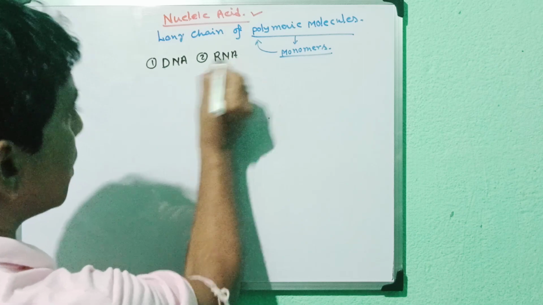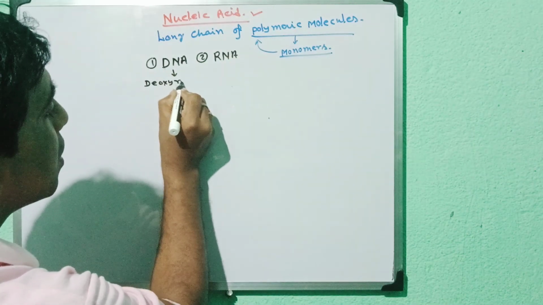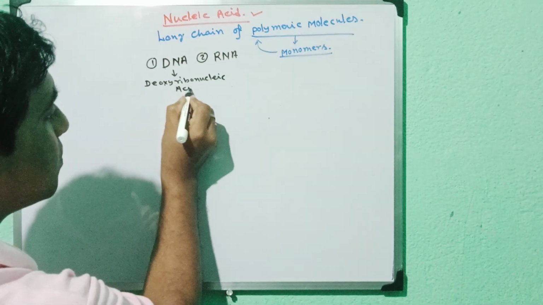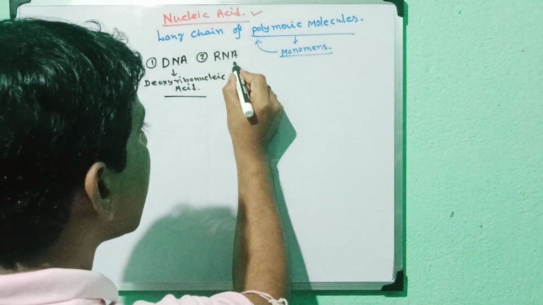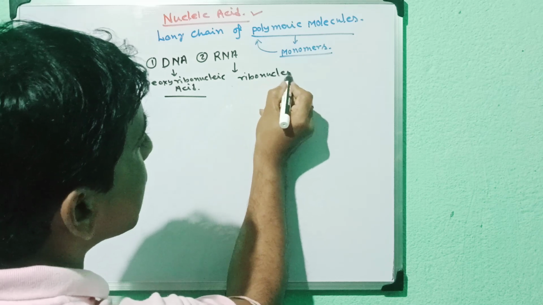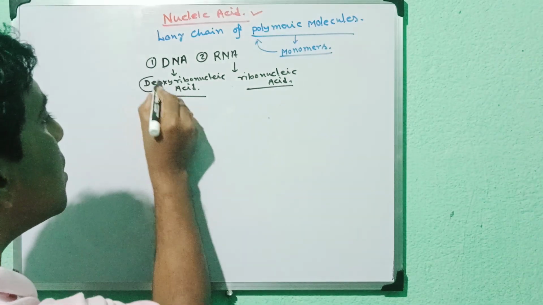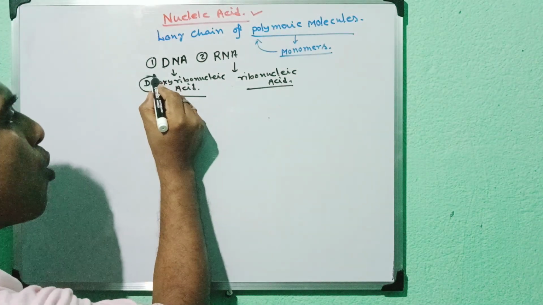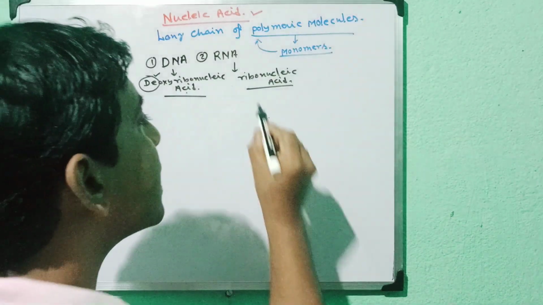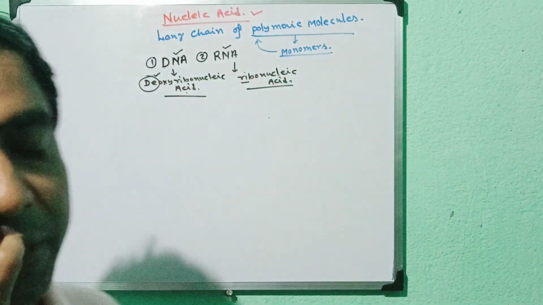DNA means deoxyribonucleic acid, and RNA means ribonucleic acid. Deoxy means that one oxygen group is removed. This is DNA and RNA, the components of the nucleic acids.